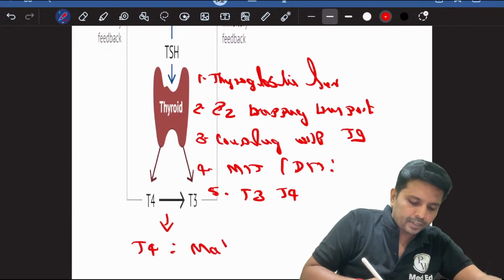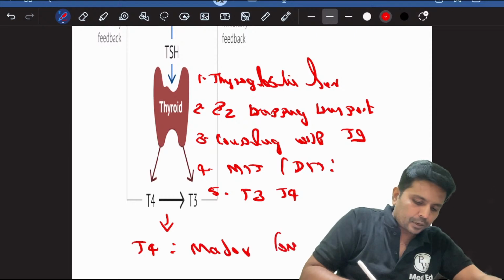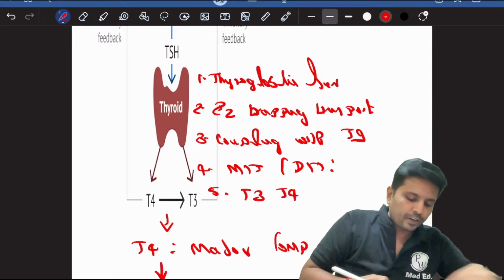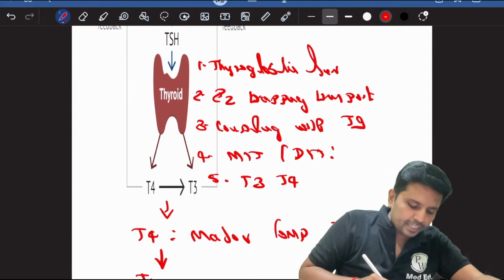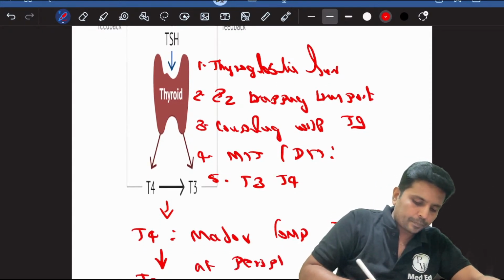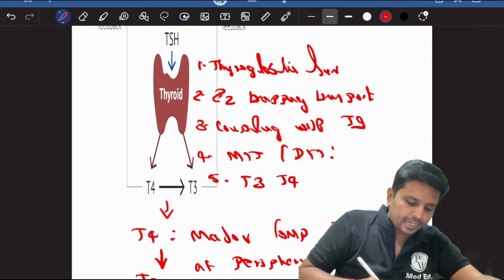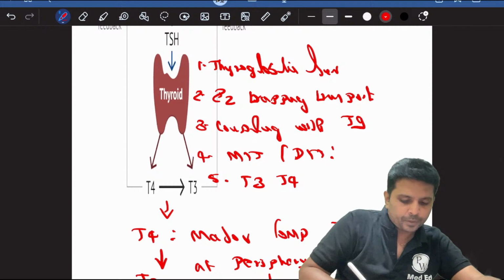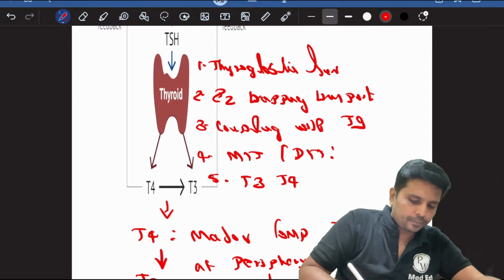The major component is T4, whereas this T4 will be converted into T3 at the periphery, and T3 is the active form at the tissue level.